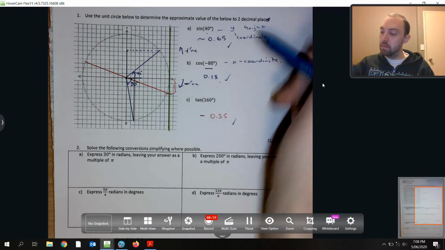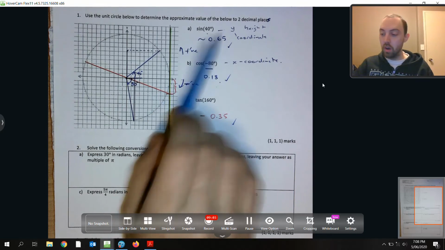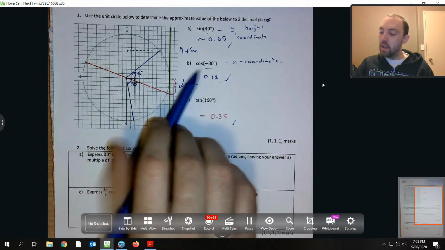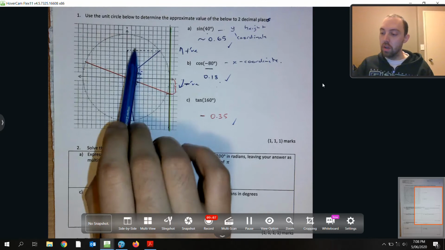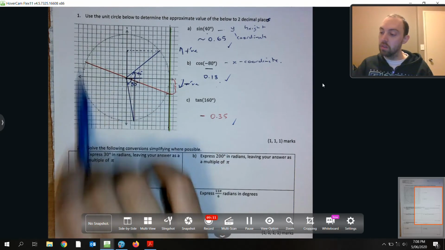But what we do need to make sure is that we understand that sine is the y coordinate on my unit circle, and cos is the x coordinate on my unit circle.